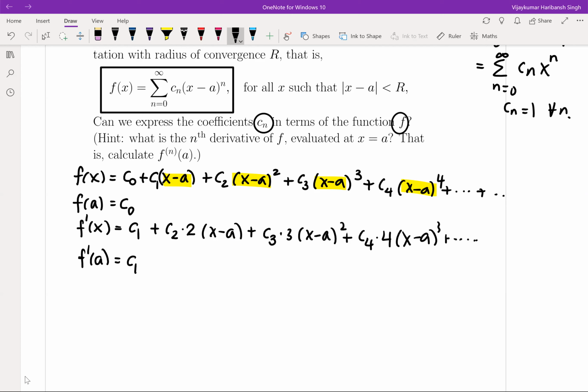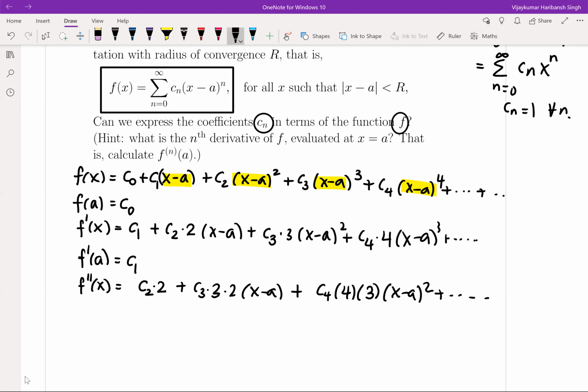Similarly, let's take the second derivative. So f double prime of x becomes, this c1 will become 0. So we'll have c2 times 2 plus c3 times 3 times 2 times x minus a plus c4 times 4 times 3 times x minus a squared, dot dot dot.